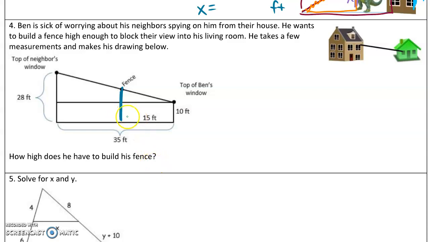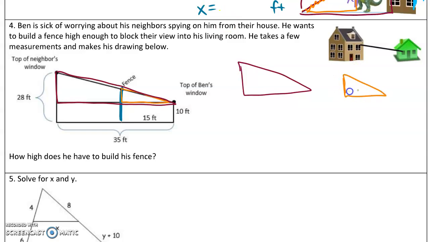But if you notice, there are 2 triangles here, this one, and once again, the whole triangle, and those are the ones that we need to focus on. So if we draw them separate, the whole big triangle and the little triangle, we can see that from here to here is 15 feet. So I'm going to draw that in, label it.